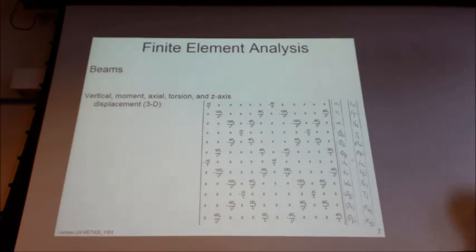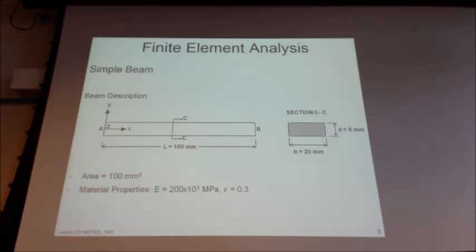Or changes in geometry. We're assuming homogeneous material, a constant cross-sectional area, all those standard assumptions apply. So now that we've developed our matrix, let's go solve some problems with FEA.